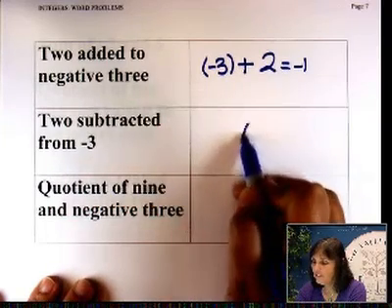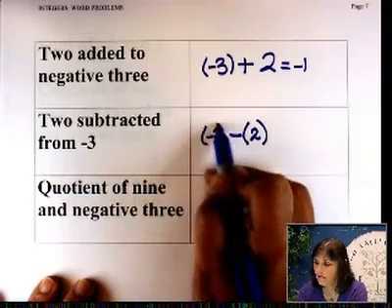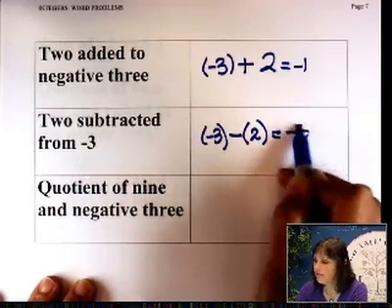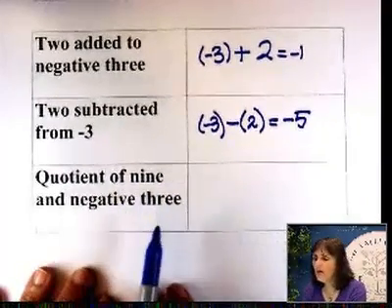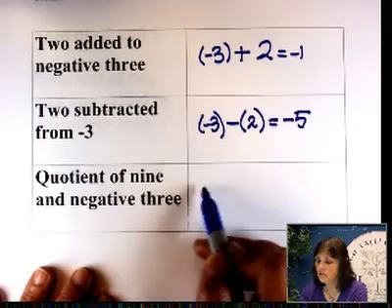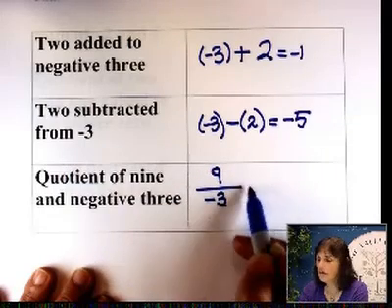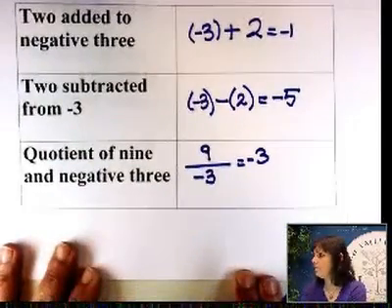Negative 3 minus 2, that's negative 5. Another one, quotient of 9 and negative 3. Quotient, division. Remember, positive, negative, that's a negative 3. All right, great.